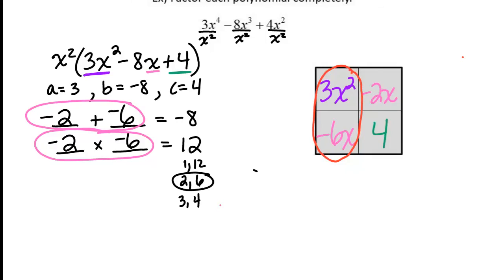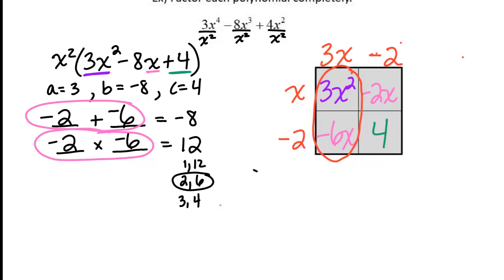What's the GCF there? 3x. So 3x times what gives you 3x squared? X. And 3x times what is a negative 6x? Negative 2. And then x times what is a negative 2x? I'm missing a negative 2. And negative 2 times negative 2 gives me a positive 4.